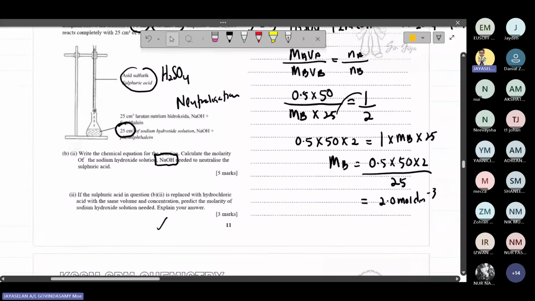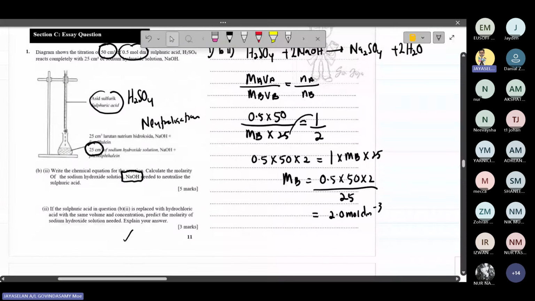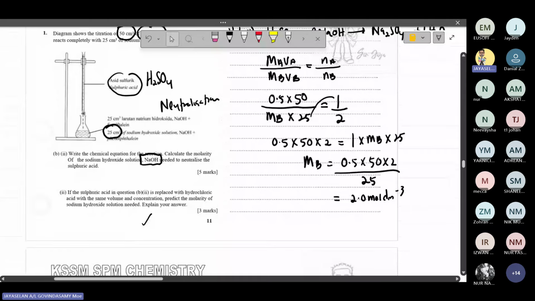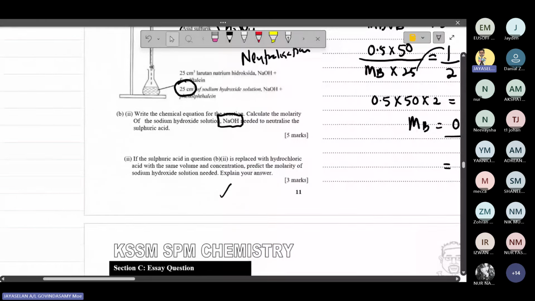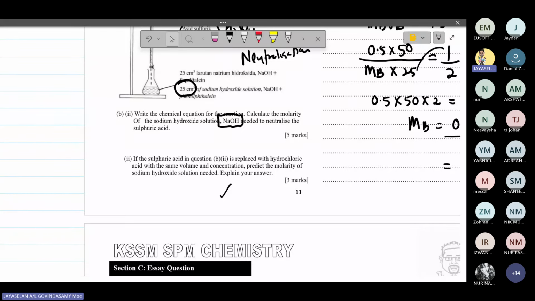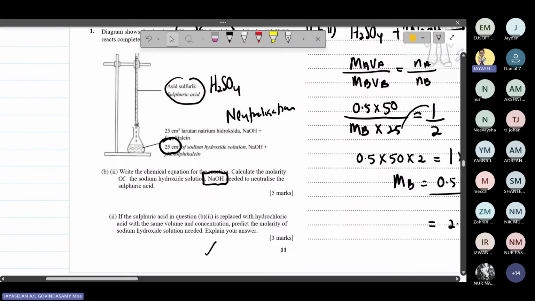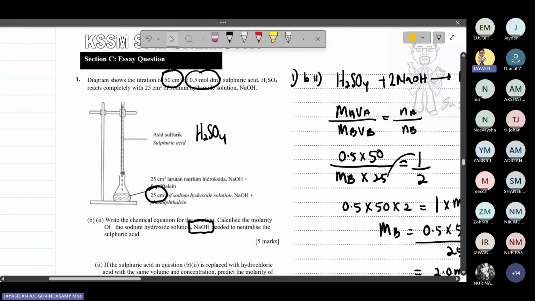Okay, now look at the soalan lain. So this one you all can do. So neutralization, saya dah buat banyak soalan. Jangan salah. Okay, if the sulfuric acid in this experiment is replaced, maksudnya dalam eksperimen ini dia guna sulfuric acid. Sulfuric acid berapa volume dia?